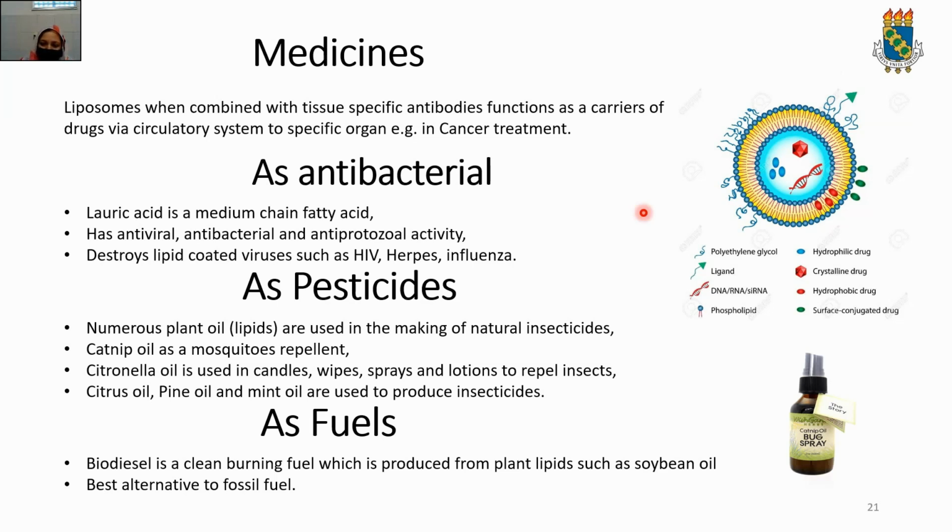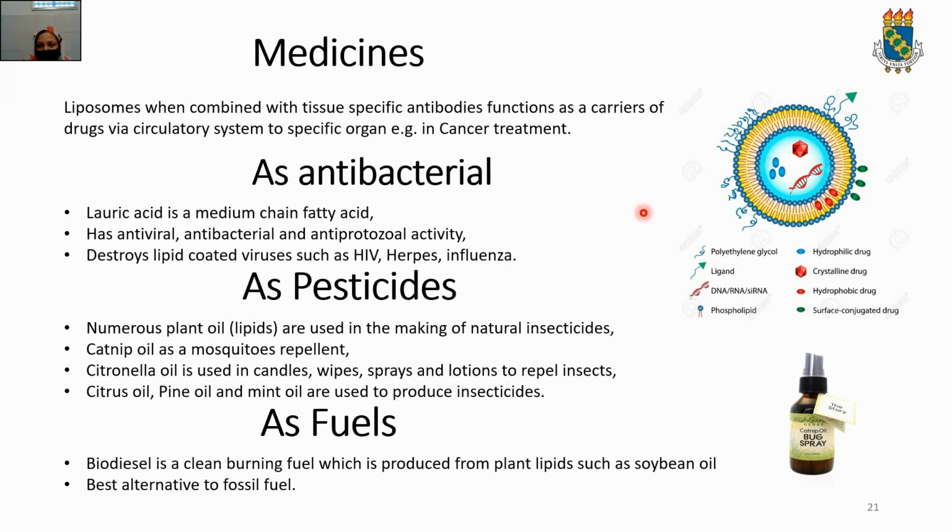Another important use of lipids is in the form of fuels. Biodiesel is getting very famous these days as a green alternative to fossil fuel. The fossil fuel has many hazardous effects on the environment, and apart from being hazardous, it is also about to deplete, about to be exhausted.